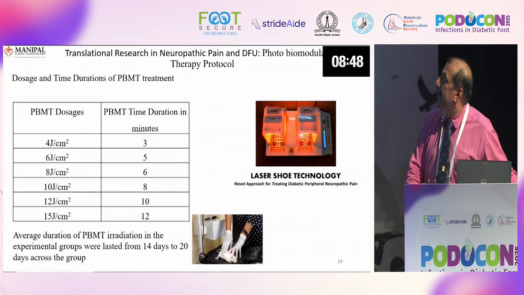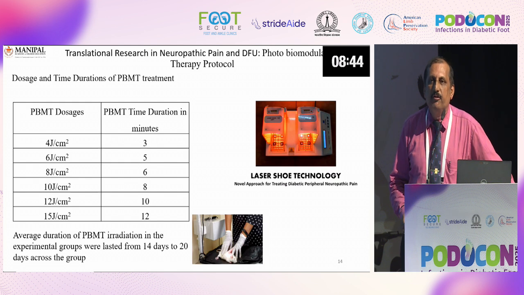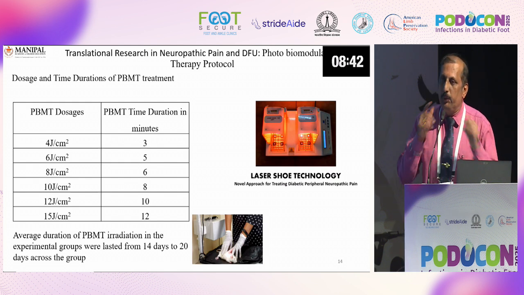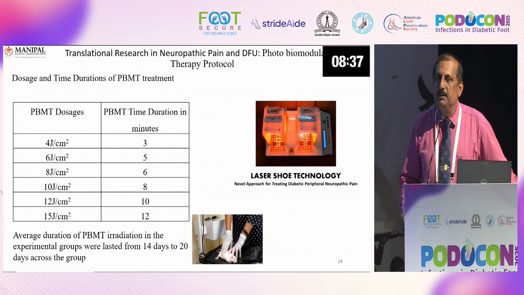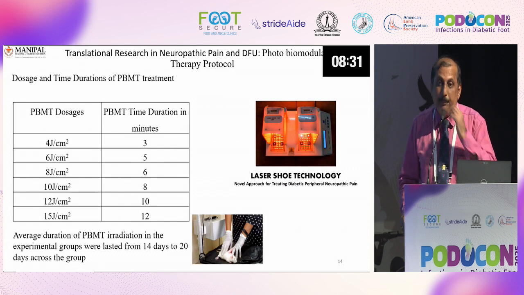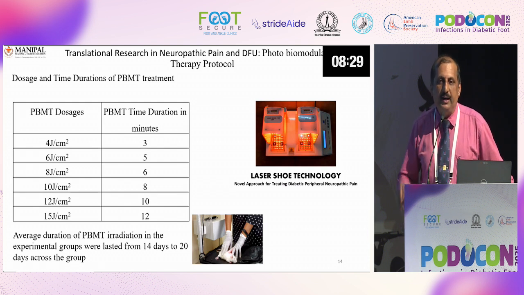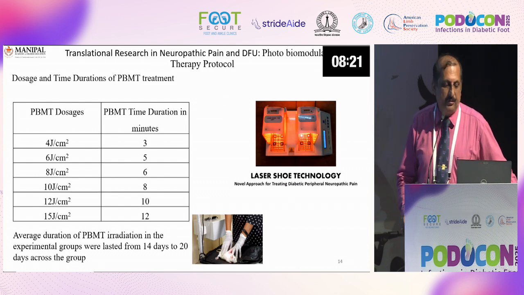I just wanted to highlight that we have conducted translational research with photobiomodulation therapy. Before we start applying this modality in clinical practice, it is important for us to establish the evidence. For that, we first conducted this study on an animal model, where we induced diabetes, induced neuropathy, then induced the diabetic foot ulcer, and then took various doses and irradiated for a specific time.